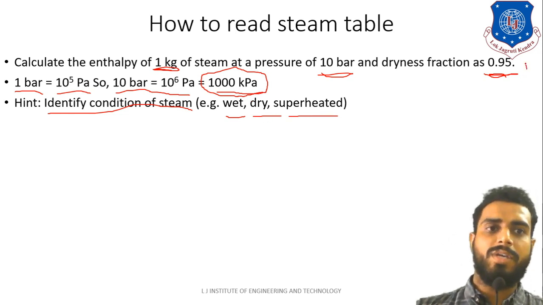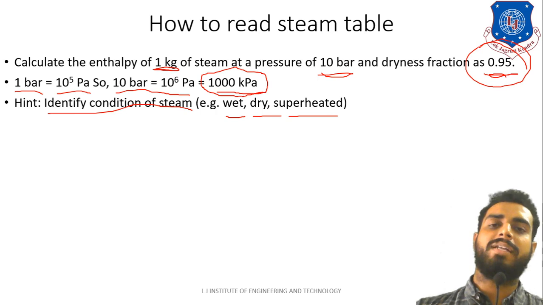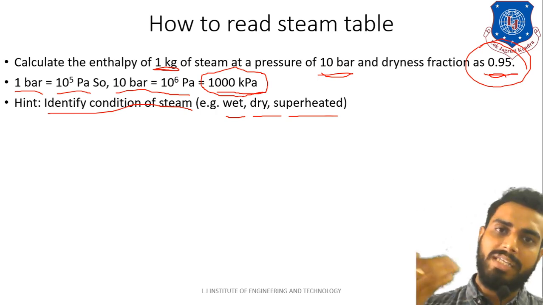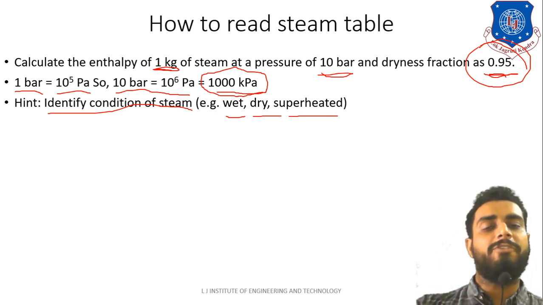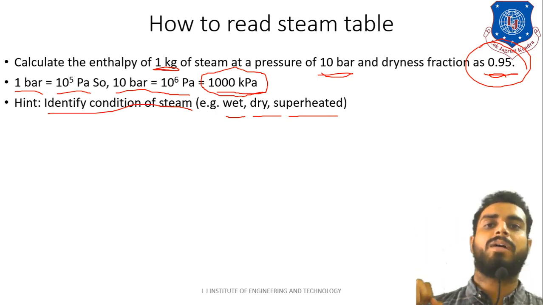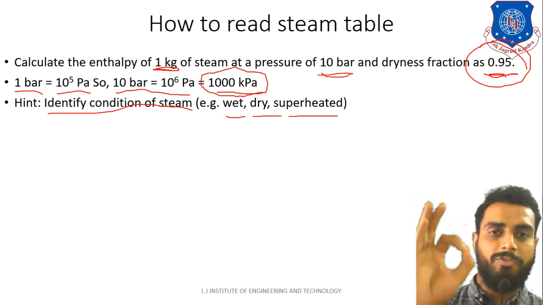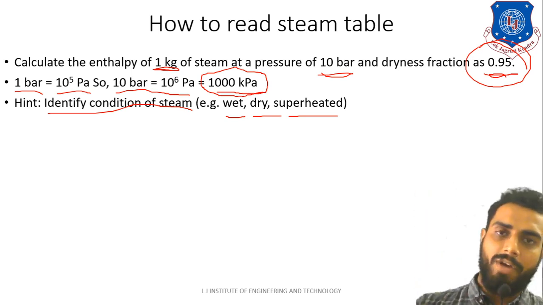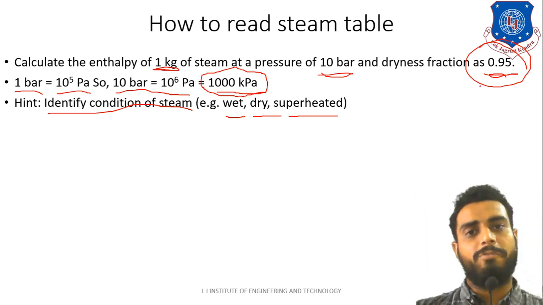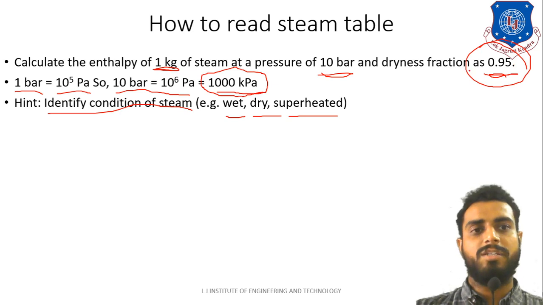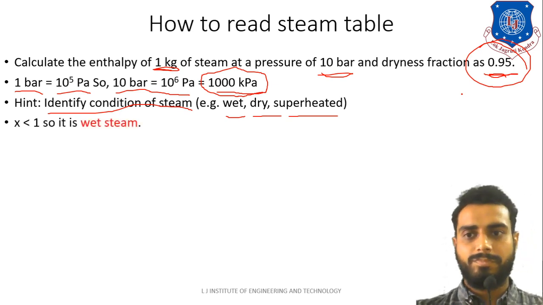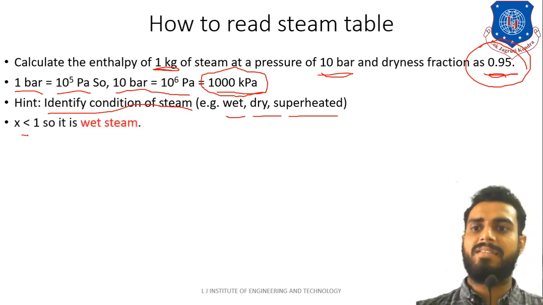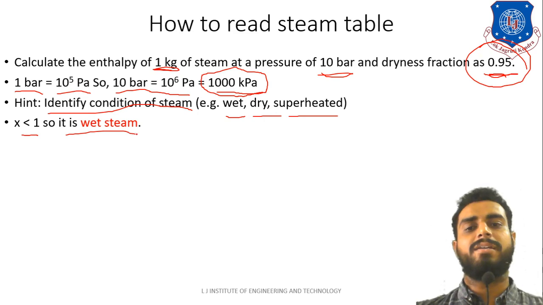Now, the dryness fraction 0.95 is already given, so by default you can identify the condition of the steam. If the dryness fraction is less than 1, it is by default wet steam. Here 0.95 is less than 1, so it is wet steam. So here I have written x is less than 1, so it is wet steam.